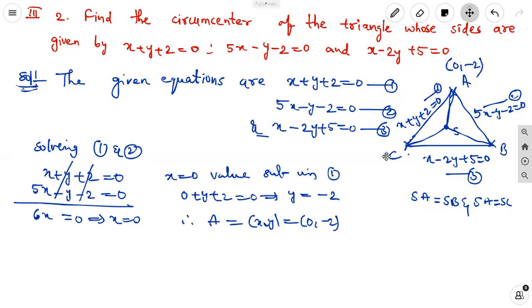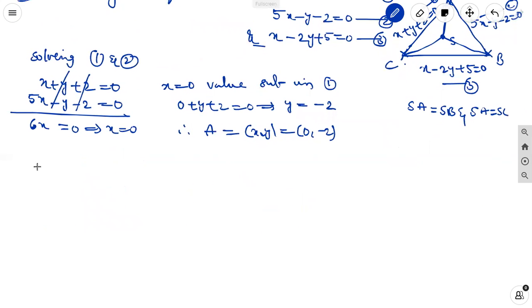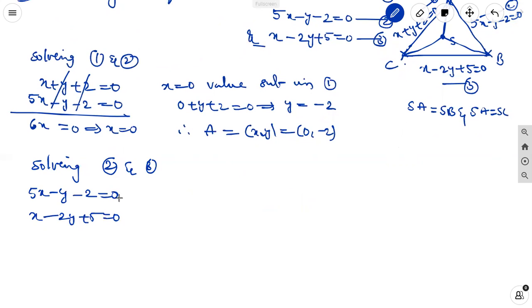Next, solving equation 2 and equation 3. Here, 5x minus y minus 2 equal to 0 and x minus 2y plus 5 equal to 0. The second equation is multiplied by 2.